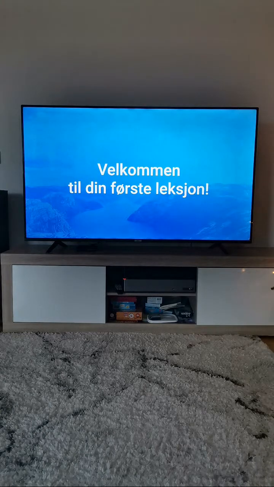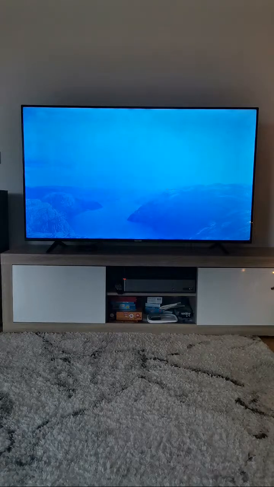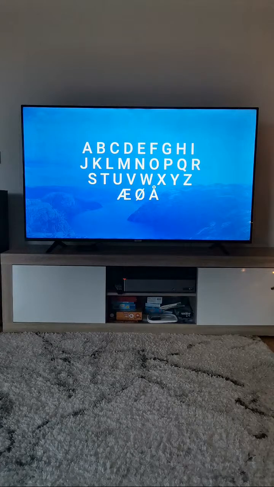Velkommen til din første leksjon. Welcome to your first lesson. We're going to start out by learning the alphabet, as it's pretty important to know how these letters sound when used in words. The entire alphabet in Norwegian is A, B, C, D, E, F, G, H, I, J, K, L, M, N, O, P, Q, R, S, T, U, V, W, X, Y, Z, Æ, Ø, Å.